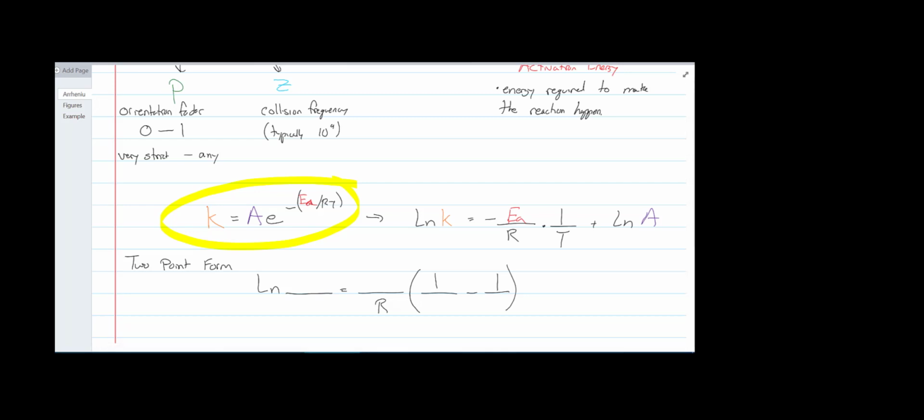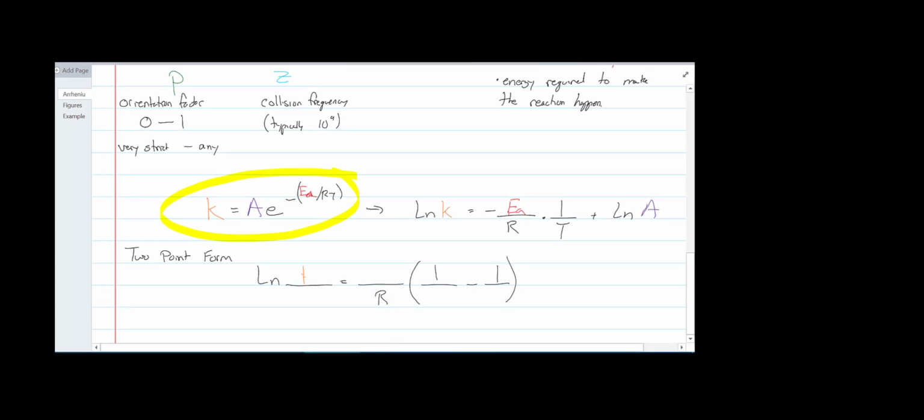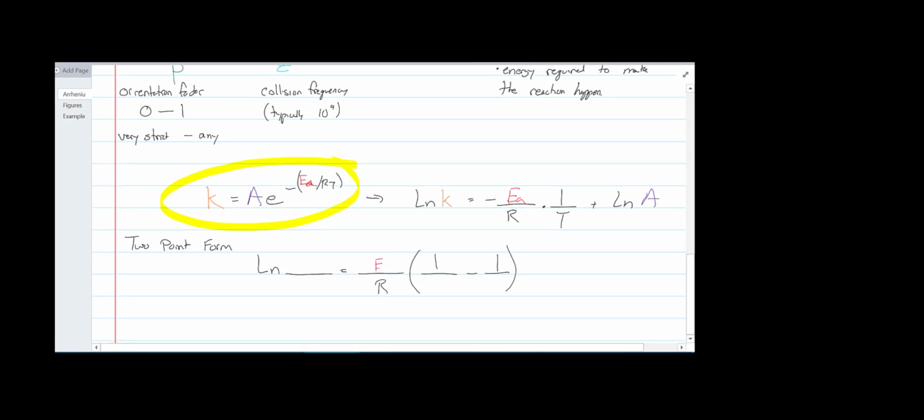So we've got the two k's, K2 over K1, and T1 on the bottom, T2 up here.